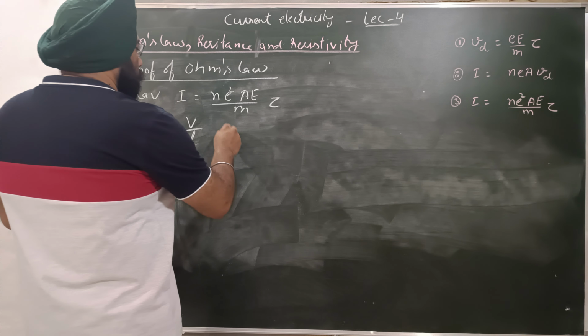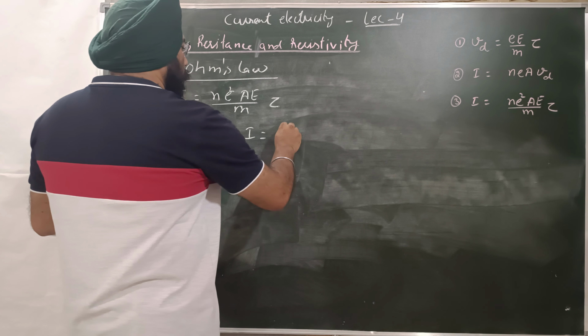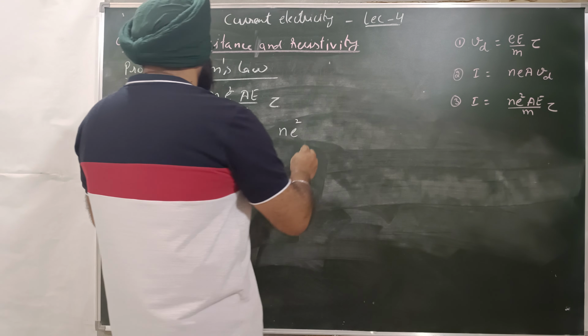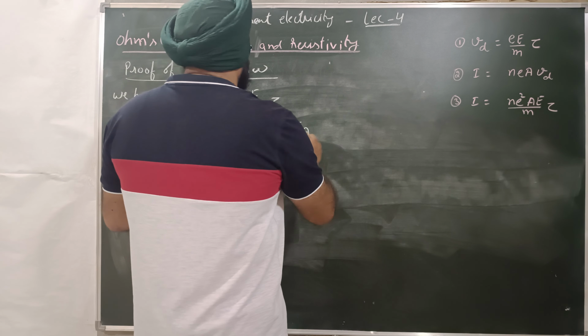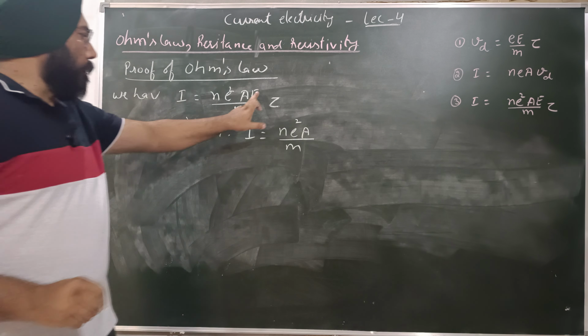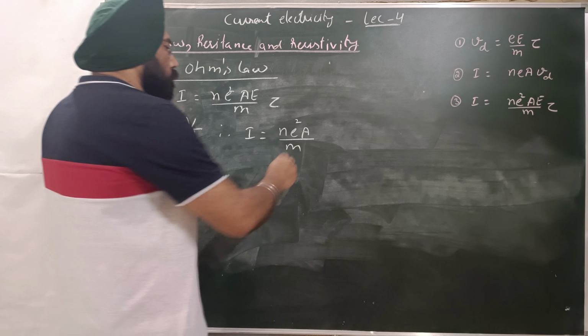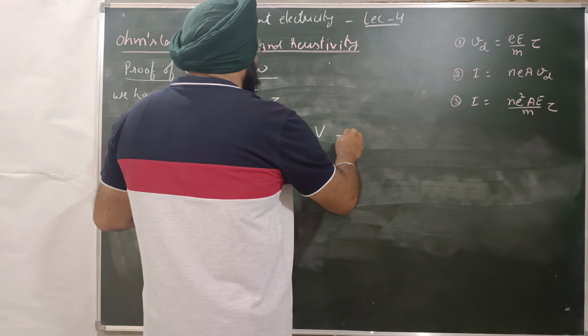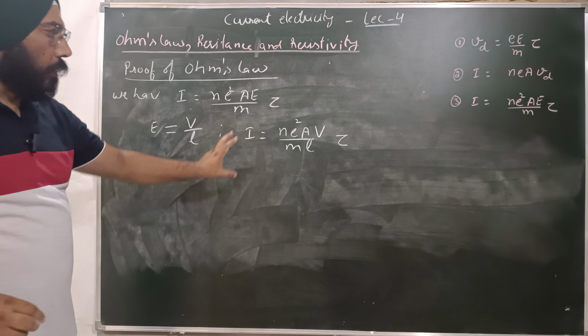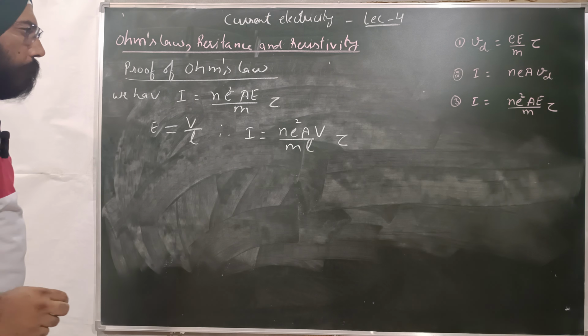Therefore, I is equal to n e square A over m, and in place of E I am using V over L, multiplied by tau. Now have a look at this expression.